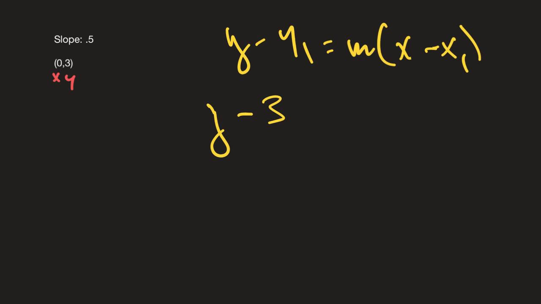So I'm just going to keep reminding you, remember to grab that y value. So y minus 3 equals, there's my slope of 0.5. It's going in for m times x minus 0. There you go.